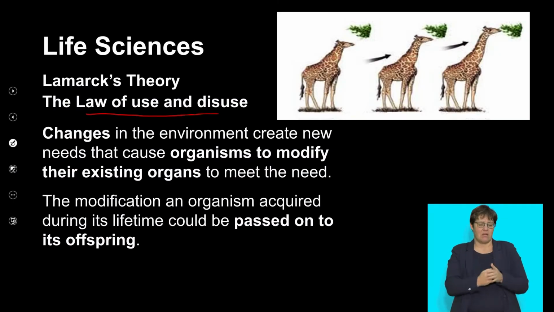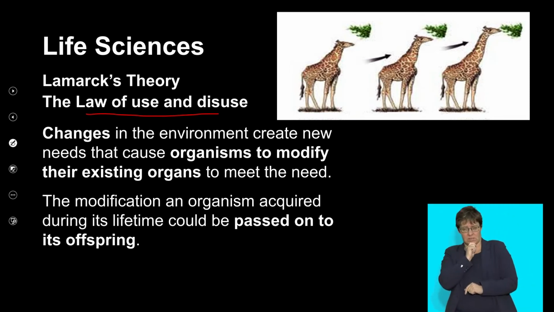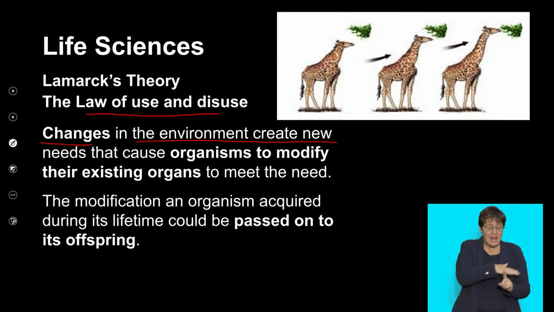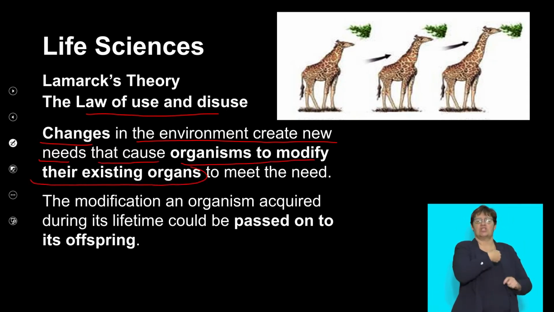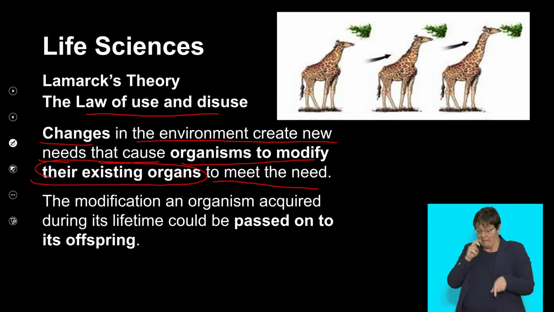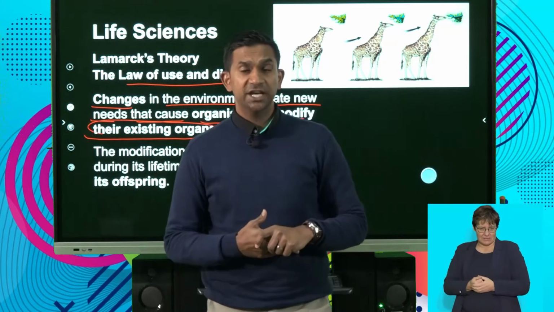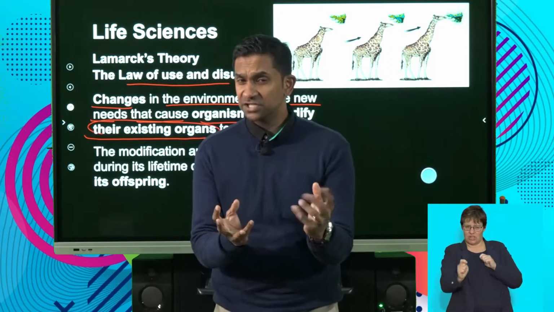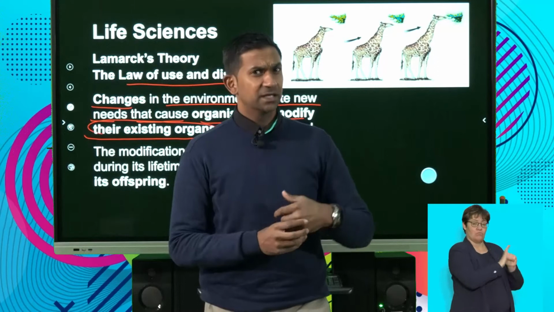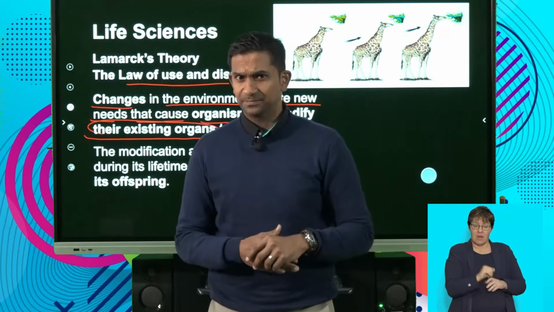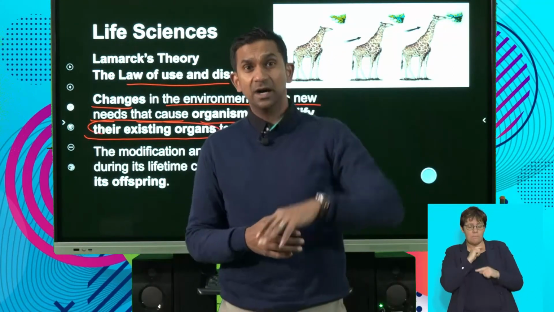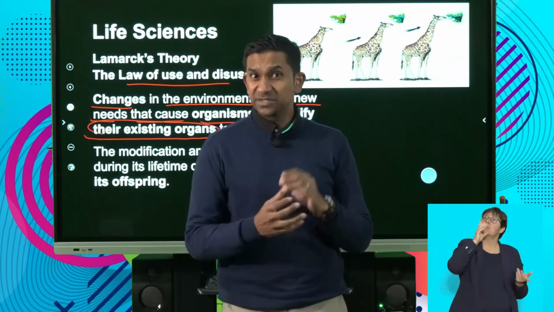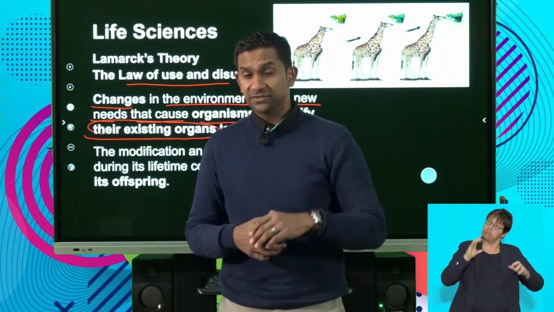So the law of use and disuse essentially points to changes in the environment creating needs that cause organisms to modify their existing organs to meet the need. Lamarck did mention that the environment constantly changed, or that there was a selection pressure from the environment, meaning that the environment was not always the same and individuals had to change, either try and reach fruit higher up or adapt structures to better survive.